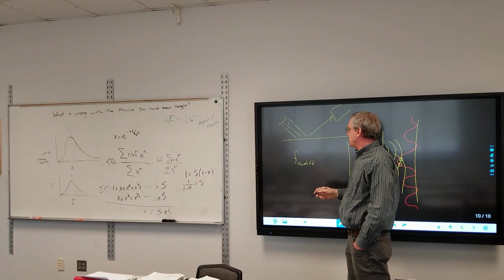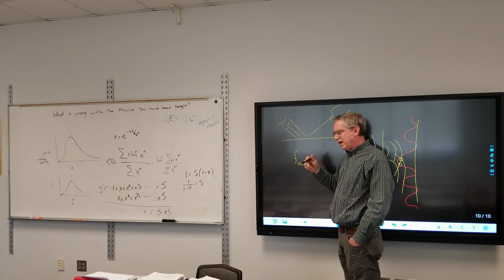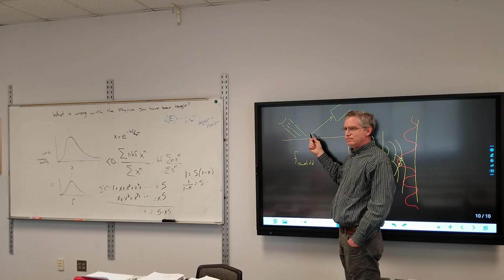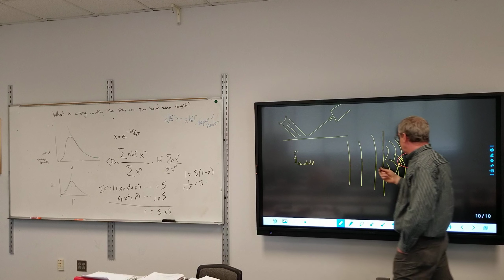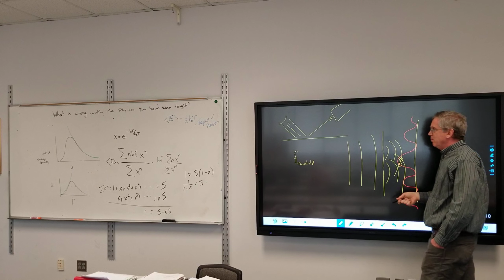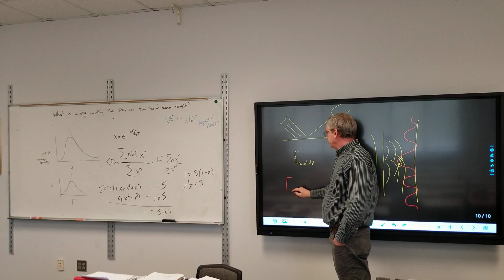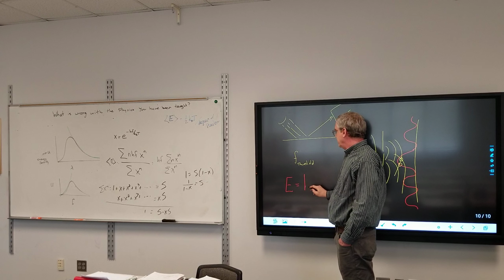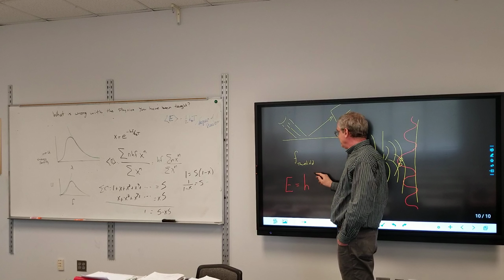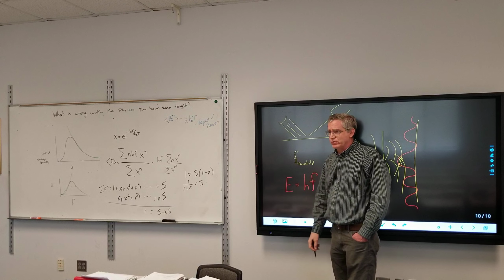And so Einstein comes up with the idea that light is behaving like a particle here. Now he acknowledges it does behave like a wave here, but in this case it behaves like a particle. And that the energy of the light wave, h shows up yet again, is directly proportional to the frequency.